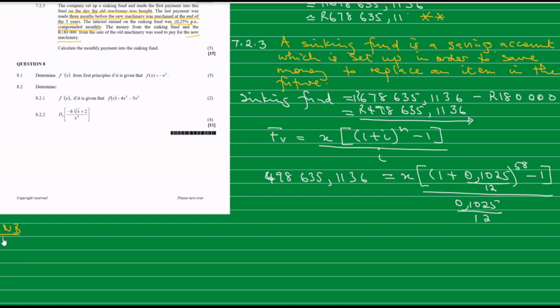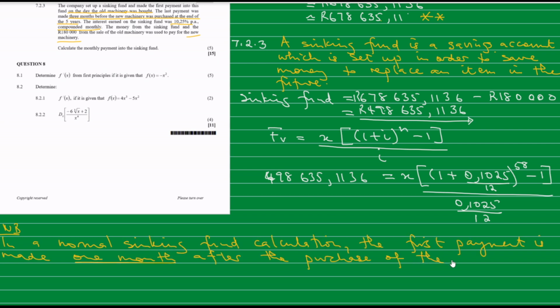NB, in a normal sinking fund calculation, when you are working with the sinking fund calculations, especially when you are using the future value formula, we assume our first payment, our first installment of our saving, should be 1 month after the purchase of the item.